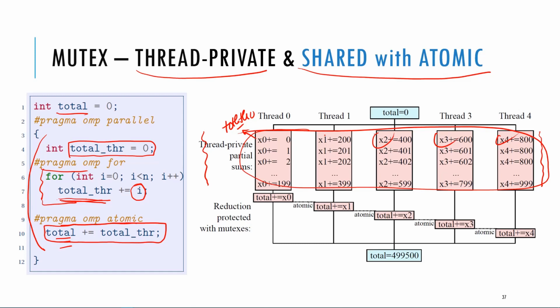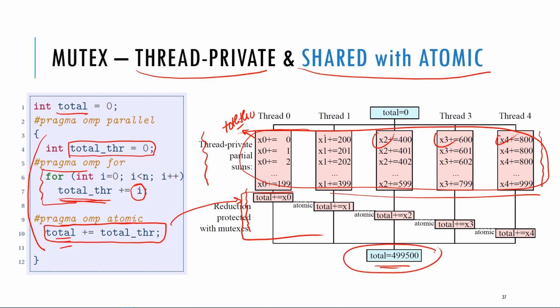And then finally, when we reach this atomic instruction, you see that we have a guarantee that the instruction is not executed in parallel, no matter how many cores we have. So all the threads would be synchronized at this moment, and they will execute this instruction one after the other to guarantee that we finally have the right answer in the total variable.